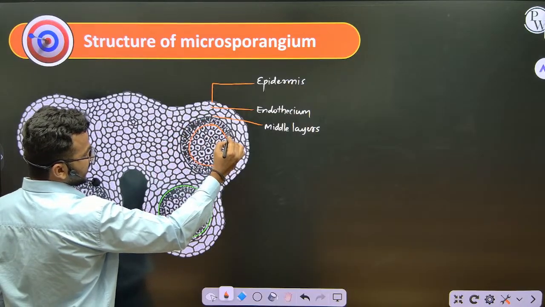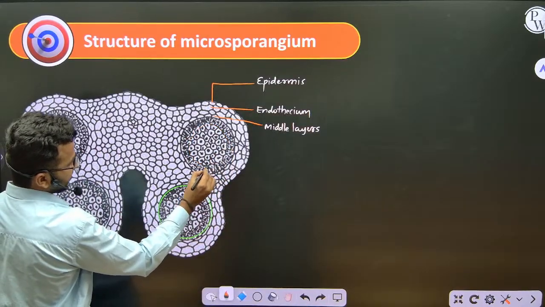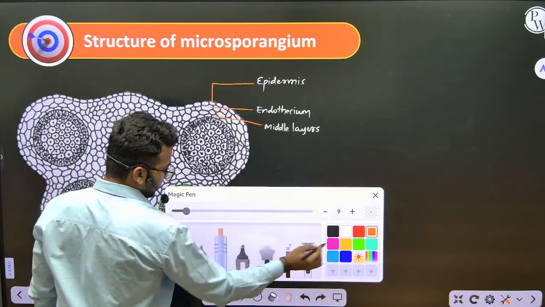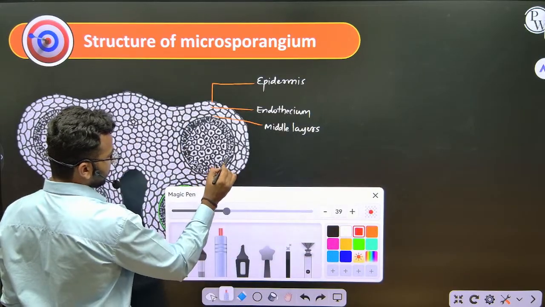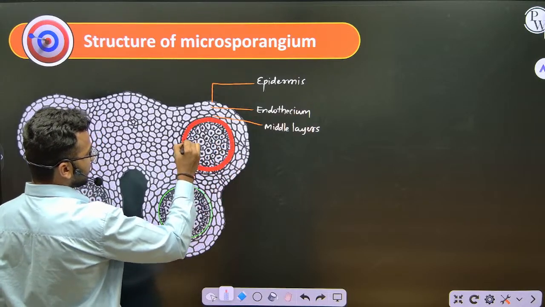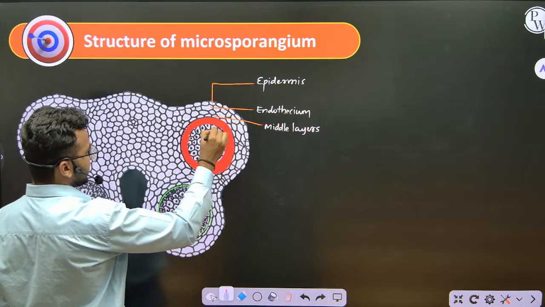In between there is a somewhat dense structure seen in this part, something darkly stained, with a darkly appearance.